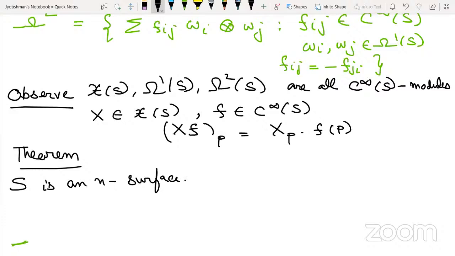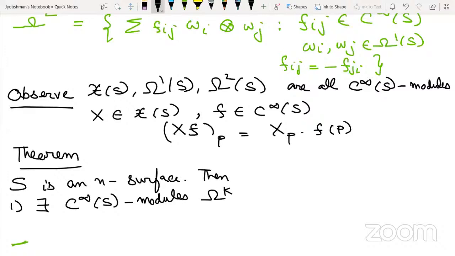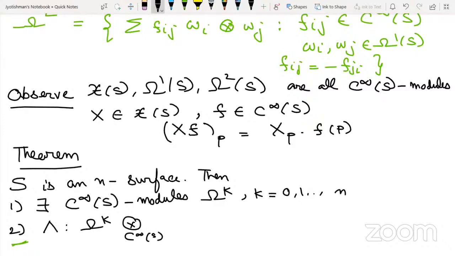Then we have, number one, there exist C infinity S modules omega k, k equal to 0, 1 up to n. There exists a map from omega k tensor over C infinity S omega l to omega k plus l.